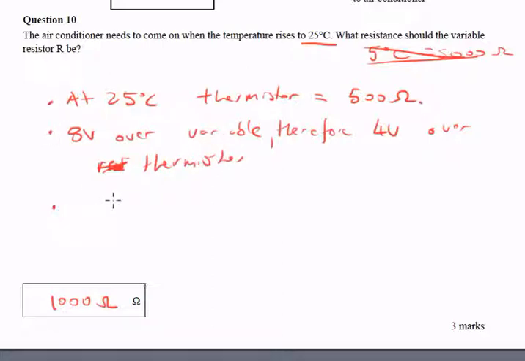And the last dot point is ratio of resistances and voltages the same.